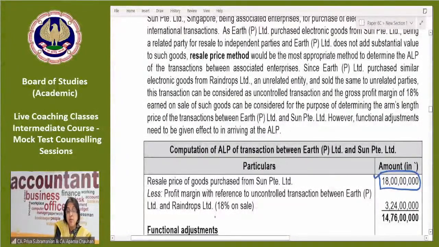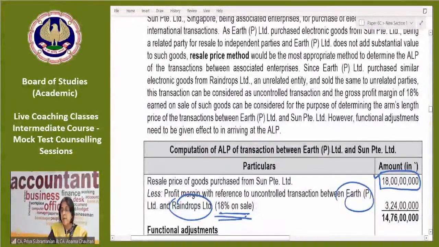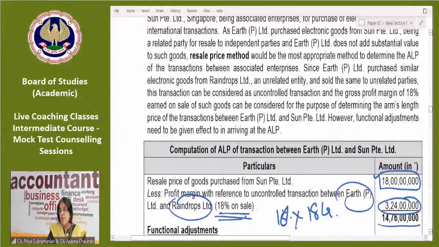From this, you reduce the gross profit margin of the uncontrolled transaction, which is Raindrops Limited. In this case, 18% is the profit margin. 18% of 18 crores gives 3 crore 24 lakh. If you reduce that, 14 crore 76 lakh is the arm's length purchase price.